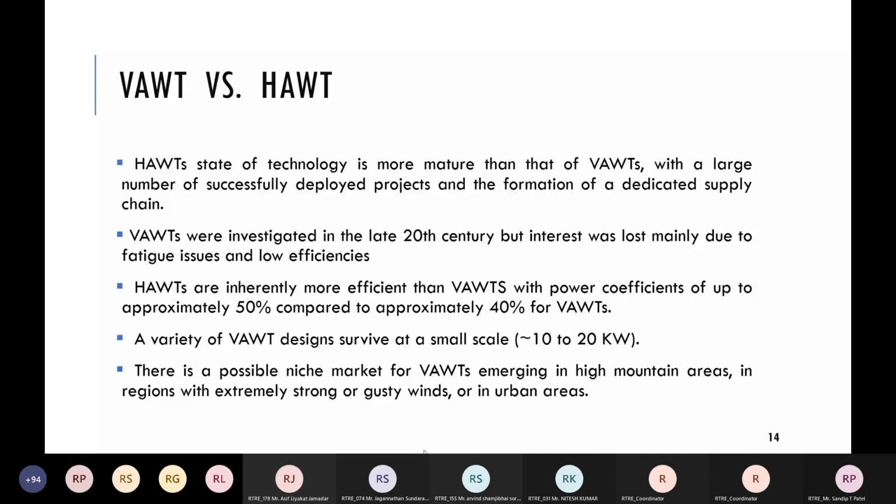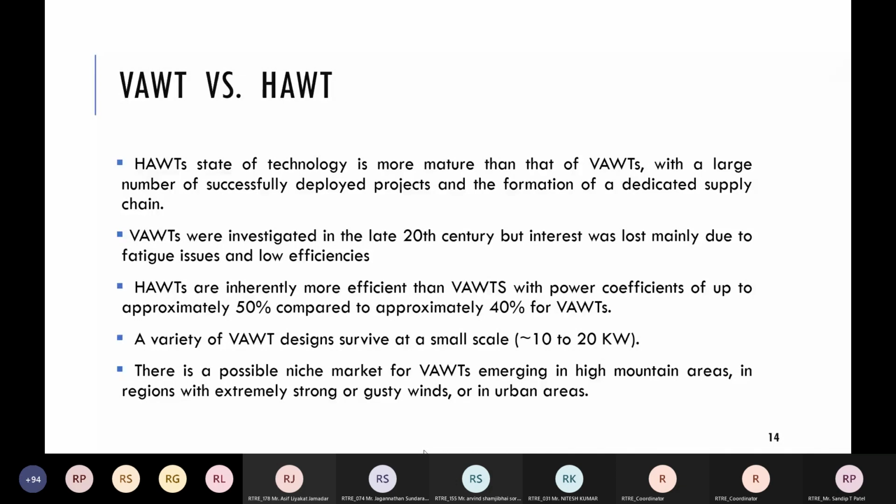Horizontal axis technology is more mature because more research has been done, as its efficiency is superior and it has had commercial success throughout the years. Basically, this whole wind turbine development occurred during the 1970s.